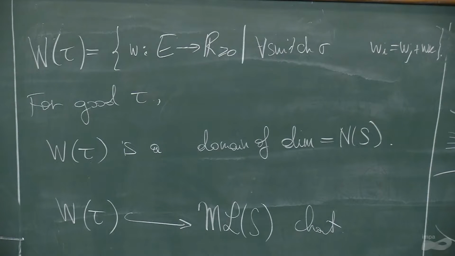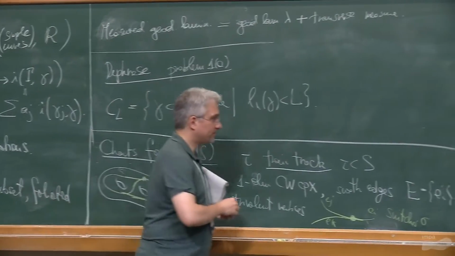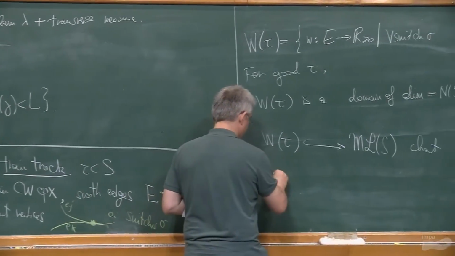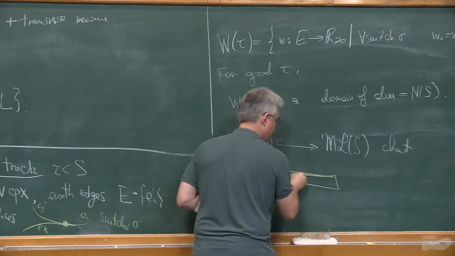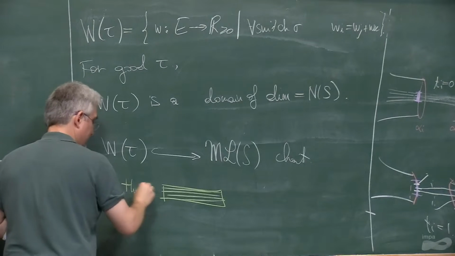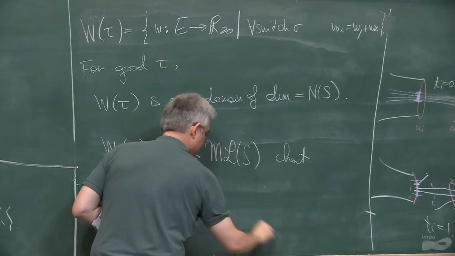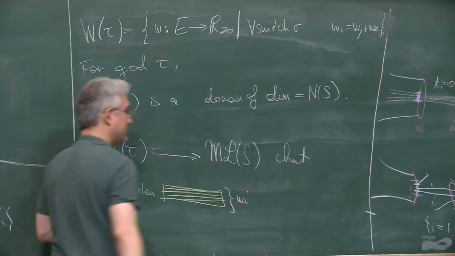How do you construct a measured lamination starting from a set of weights? So you thicken each of the edges. So if you have E_i, then you thicken E_i so that it has height W_i.